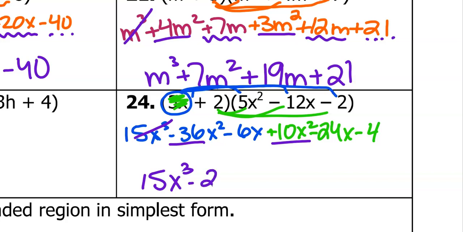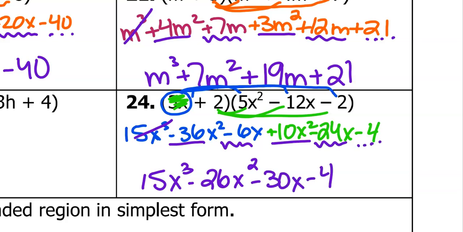There you go. Yep, you're good. Now what? Put the x's together. So what is negative 6 minus 24? Negative 30. And then we finish the problem with our constant of negative 4.